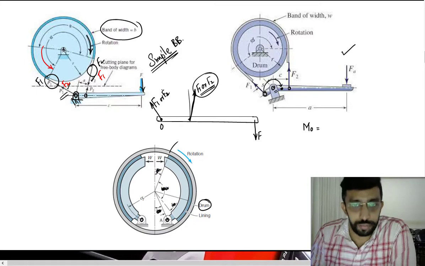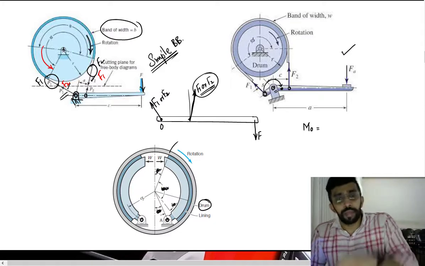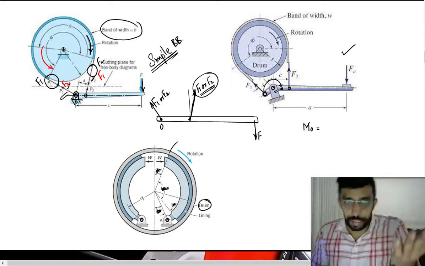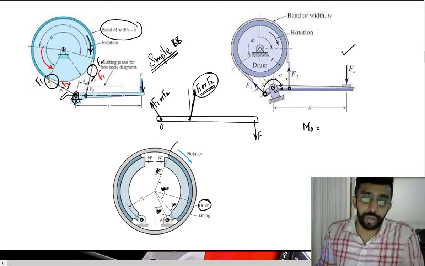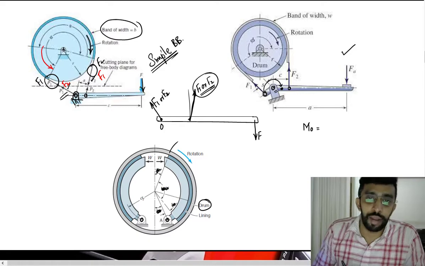Directly take the forces. In actual practice, definitely we have to resolve it, but we are going to design on the higher side. We are going to introduce more factor of safety, so there is no need to resolve. Directly we can take the value of F1 or F2.